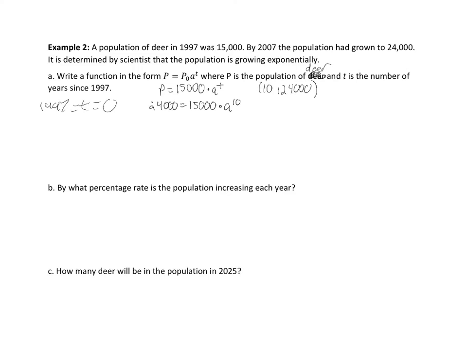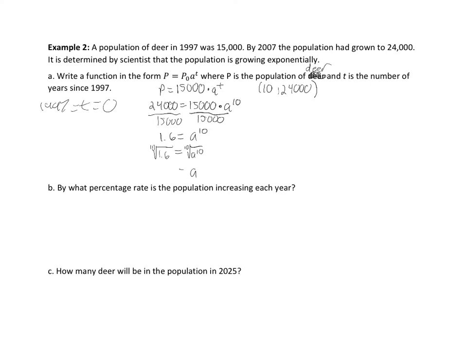And we've talked previously about how you would solve something like this. What you do first is divide 15,000 over. And so a to the 10th equals 1.6. And then using that TI video about how you find the value of these radicals, we want to do the 10th root of a to the 10th would equal the 10th root of 1.6.